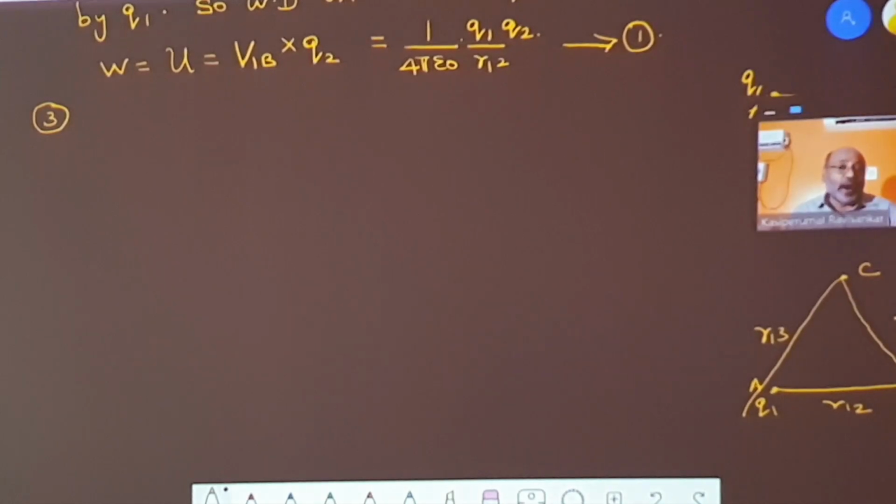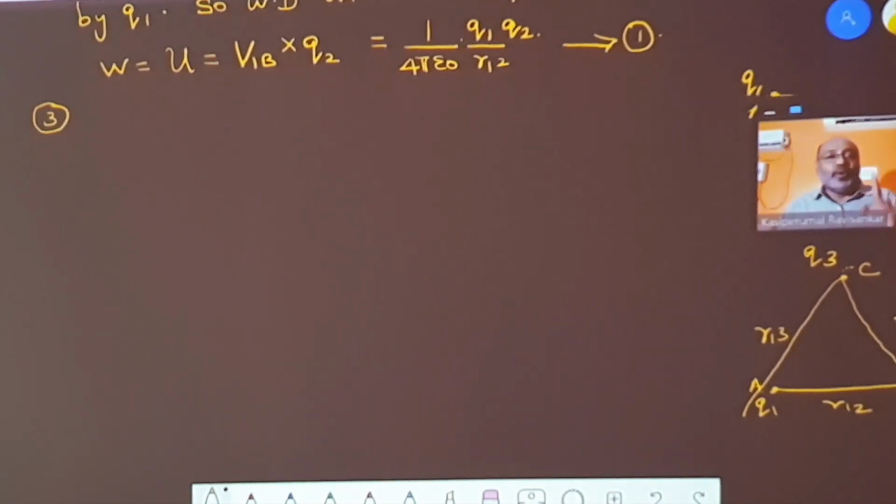If you are moving Q3 from infinity to the point C, a work is said to be done against the electrical field produced by Q1 and by Q2, because the point C is under the influence of the charge Q1 as well as the charge Q2.